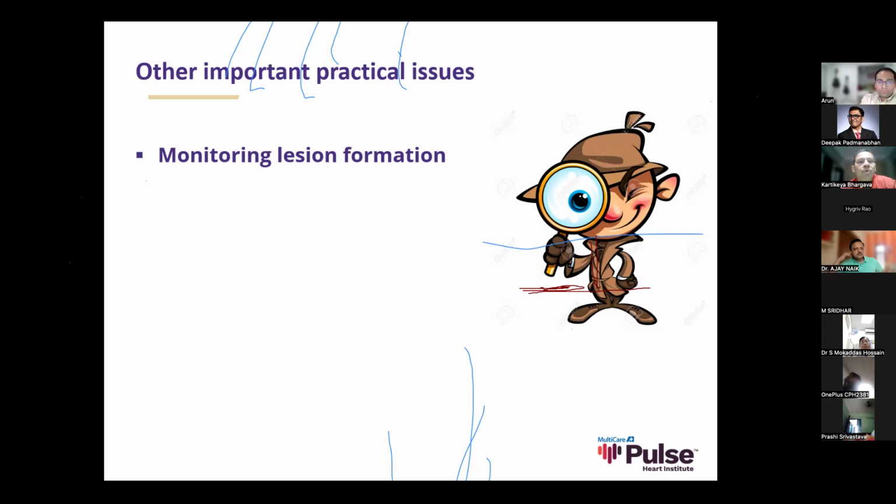If you are in the blood pool, your impedance will be very low. If you are in an area where your contact is too high, like in a branch of a CS, then your impedance will be very high. So even without delivery of RF energy, you see the impedance, because that tells you what is the resistance in the circuit.